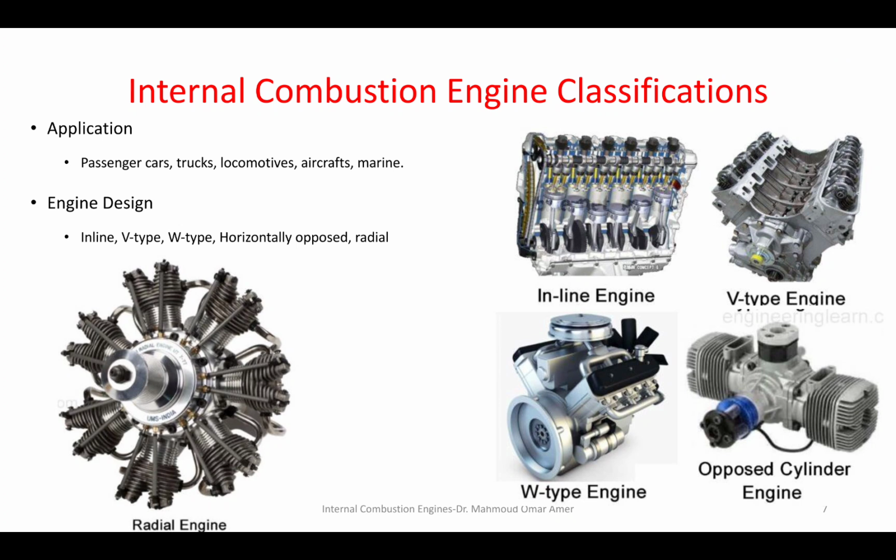Okay? So what if we want to increase the power more in a confined space? They designed the W-type. In the W-type, we have 3 pistons in the same plane, 2 in the shape of a V and 1 in the middle. Okay? So a W12 will be the same length as an inline 4, but it will be triple as wide.